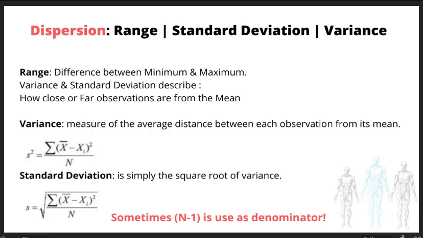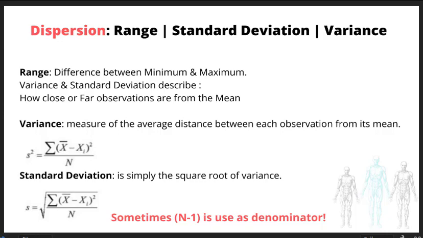The other one is the dispersion measure, which measures the variation in the data. If you forget, just have a review of the previous lesson. Those are your range, variance and standard deviation. So range is the difference between the minimum and maximum.